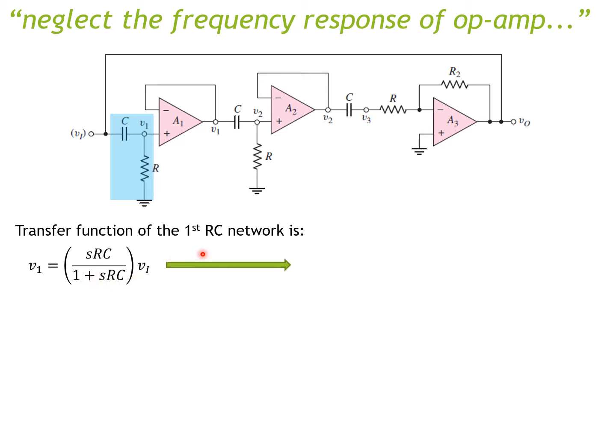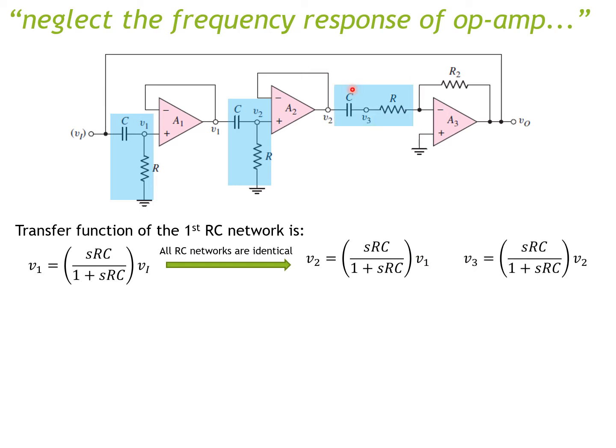Since all RC networks are identical, you can apply this transfer function similarly for this network, and you have V2 equal to sRC over 1 plus sRC times V1. You can also apply it for this network, so you have V3 equal to sRC over 1 plus sRC times V2.